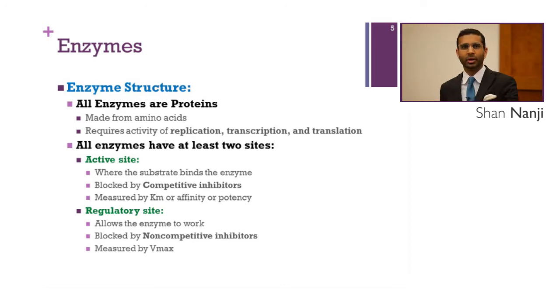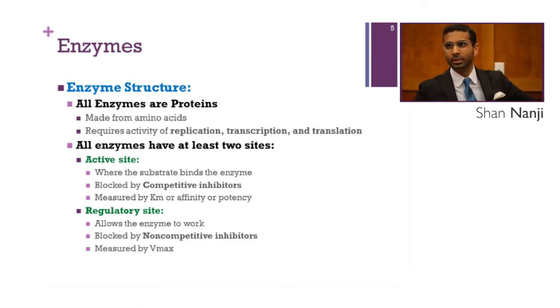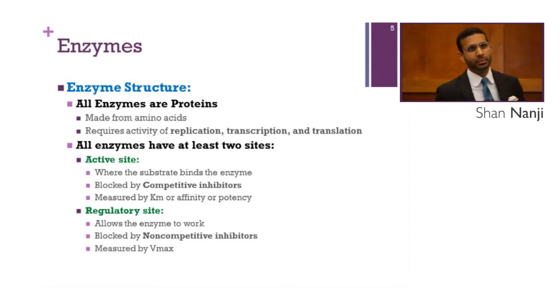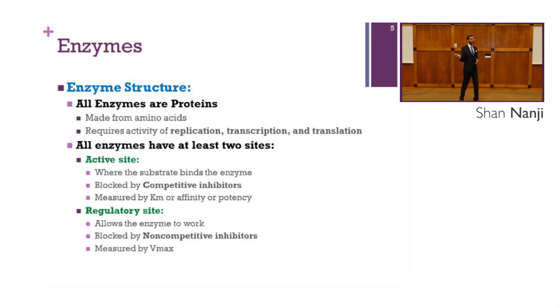Competitive inhibitors block the active site, and you measure this by Km or affinity or potency, and we'll talk about that later. The regulatory site regulates the enzyme and allows the enzyme to work, and it is blocked by non-competitive inhibition. So regulatory site, non-competitive; active site, competitive.